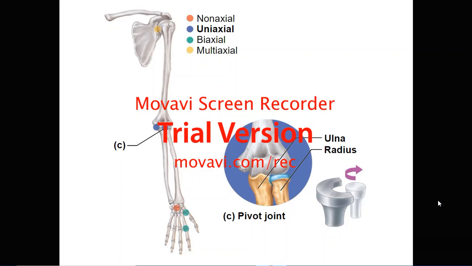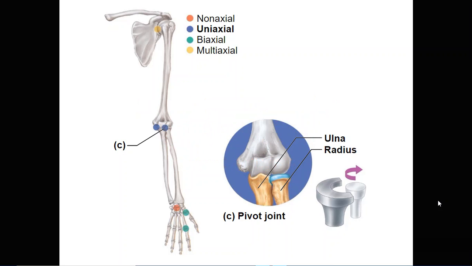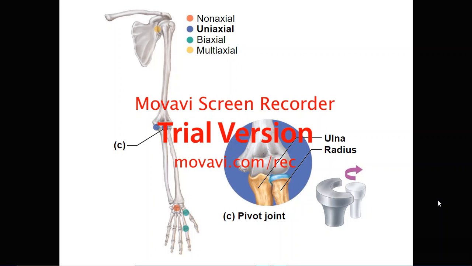That's going to be due to the pivot movement between the ulna and the radius. And if you remember from a basketball analogy, your pivot foot is the foot that stays on the floor, and then you can move your other leg, but your pivot foot stays touching the floor, but the other foot can move off the floor.